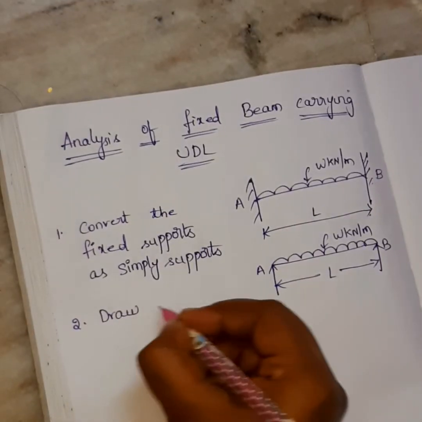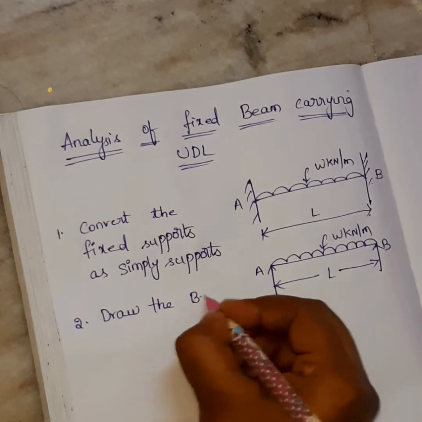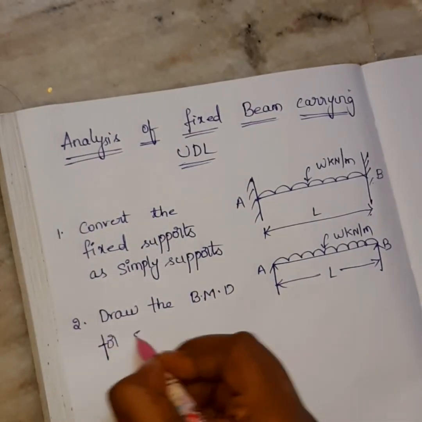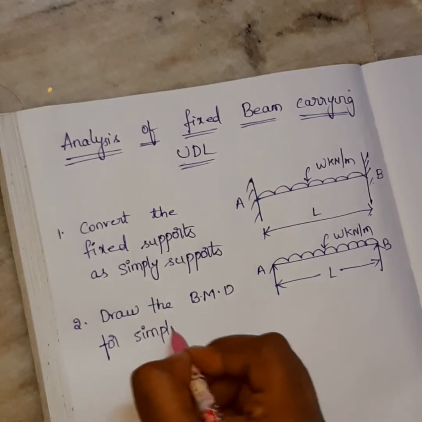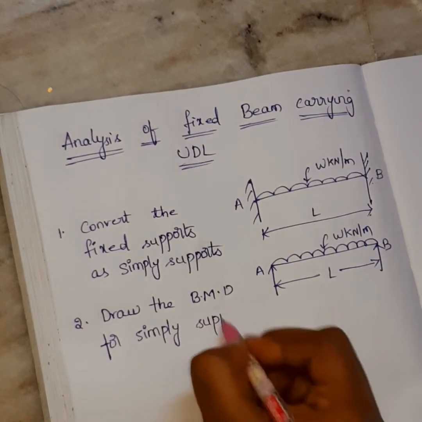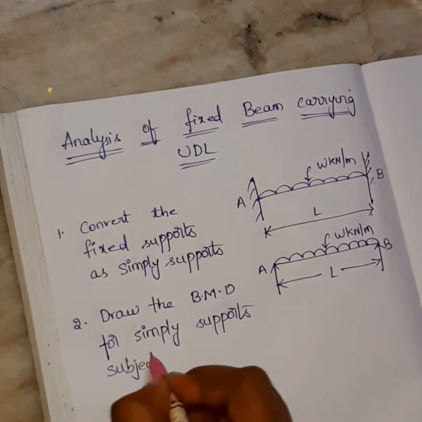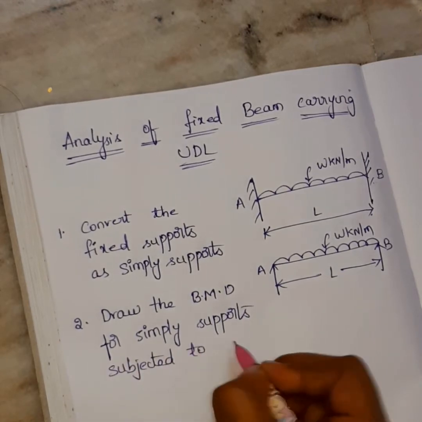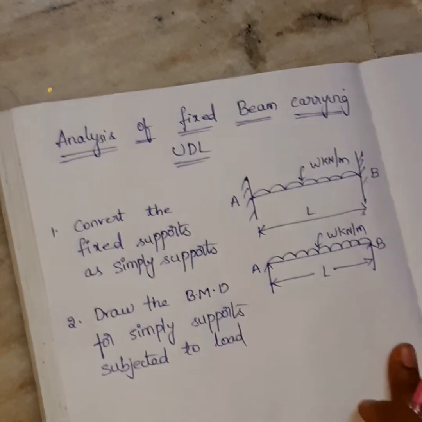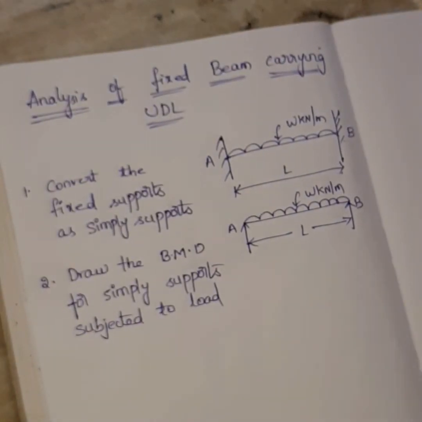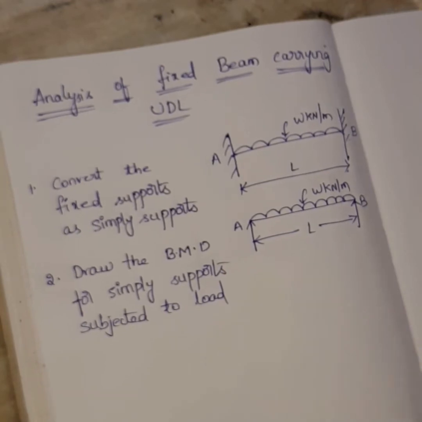Draw the bending moment diagram for simply supports subjected to UDL. See here, everyone knows when UDL is acting, how the bending moment diagram will come. It will come as a parabola.